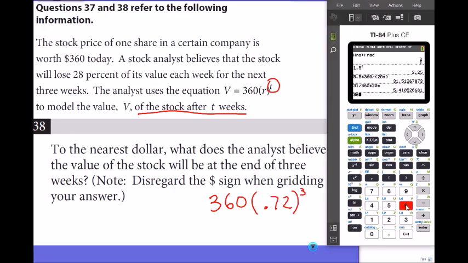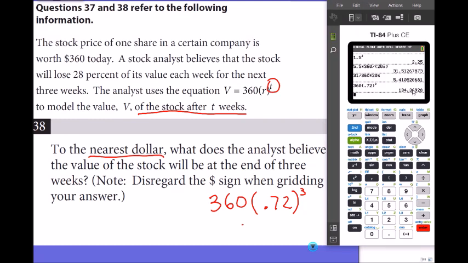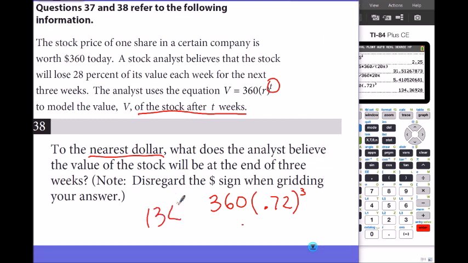So 360 times 0.72, raised to 3. You get? It says nearest dollar, so round it down, it's 0.3, so it's $134.